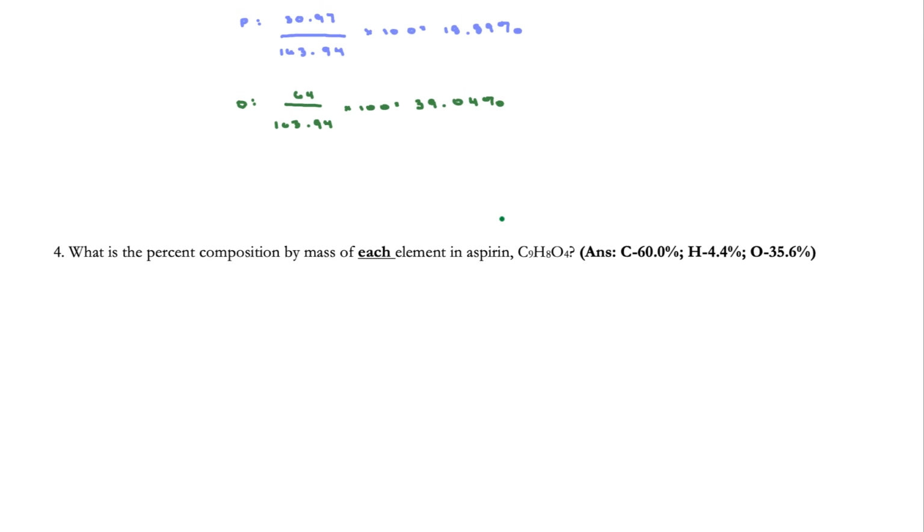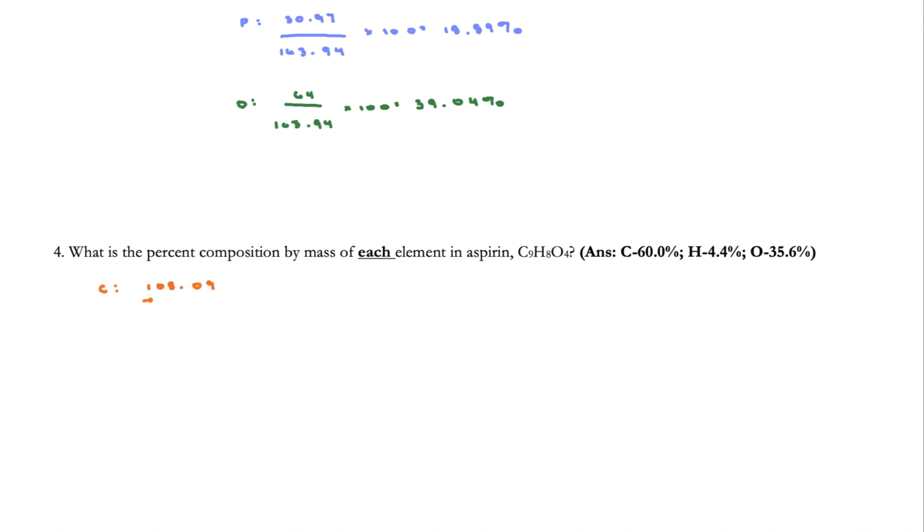Okay, let's look at one last problem. Here I give you the formula and I want to know the percent composition of each element in aspirin. If we look at carbon to begin with, I need to take the molar mass of carbon, which is 12.01, and multiply that by 9 because I have 9 carbons. So it's going to be 108.09, which is the total molar mass of carbon.